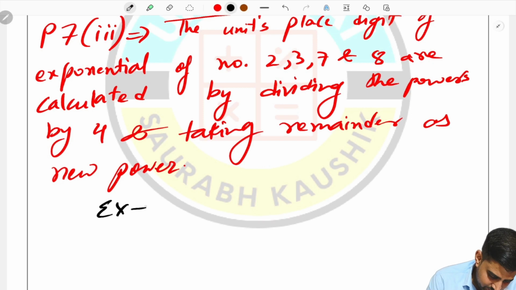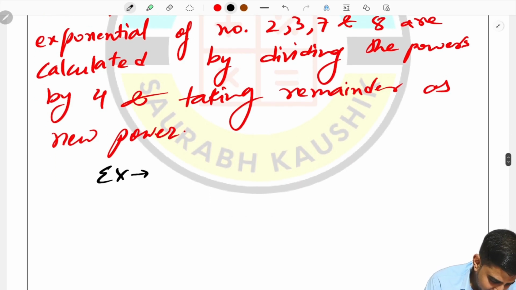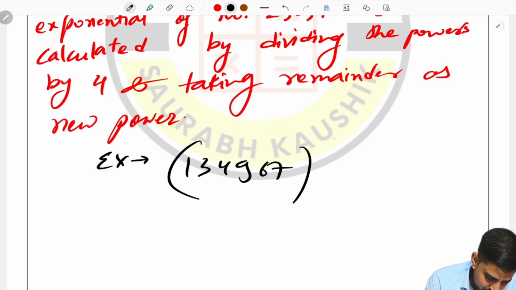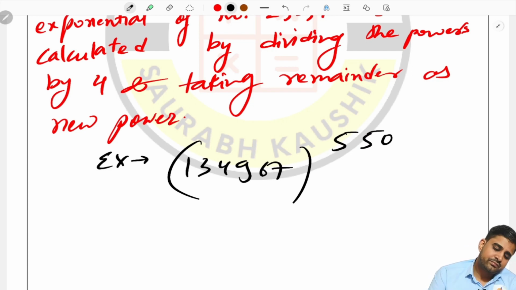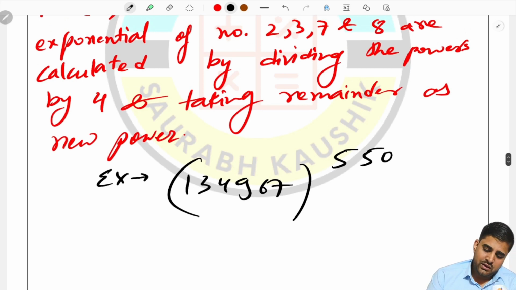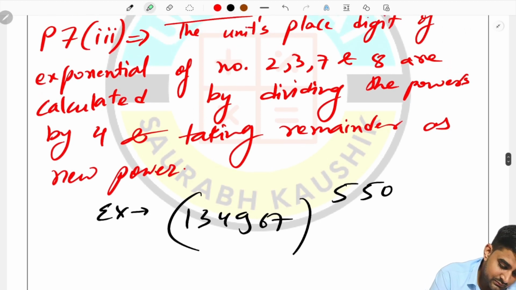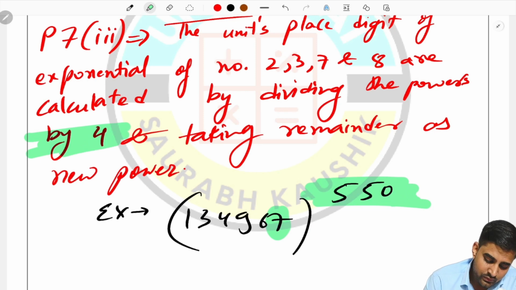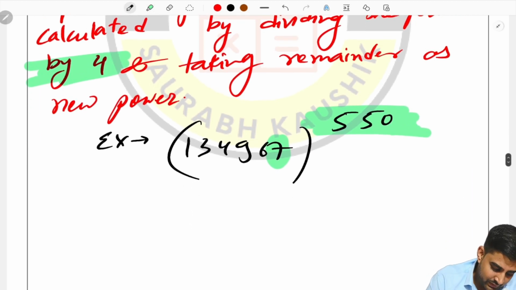Take any example you want. 13497 to the power 550. In this situation the unit digit is 7, and we have some power. According to this property, you have to divide the power by 4.